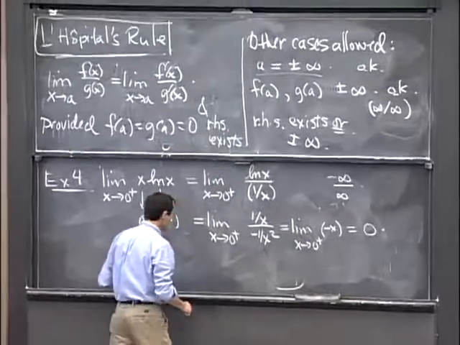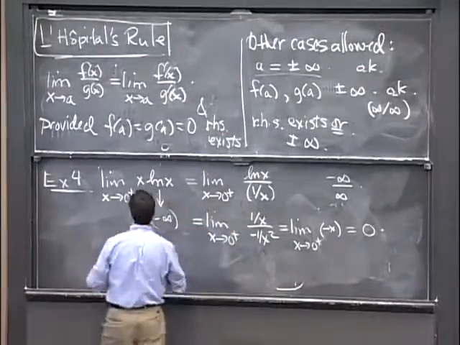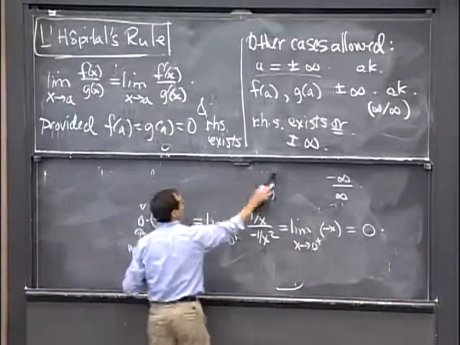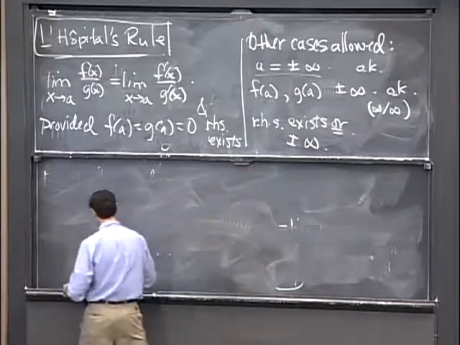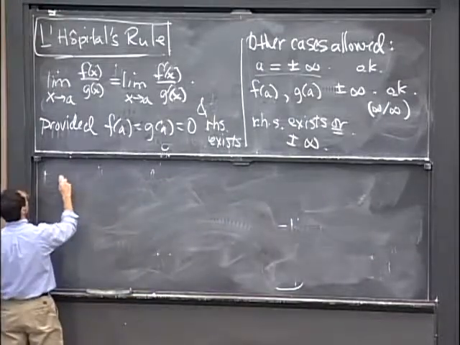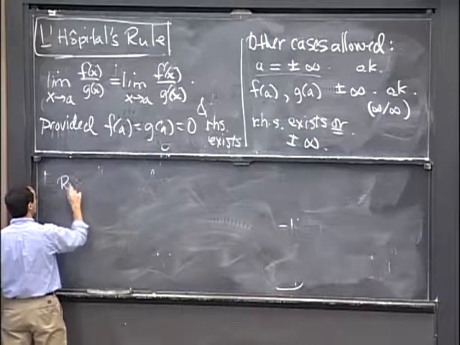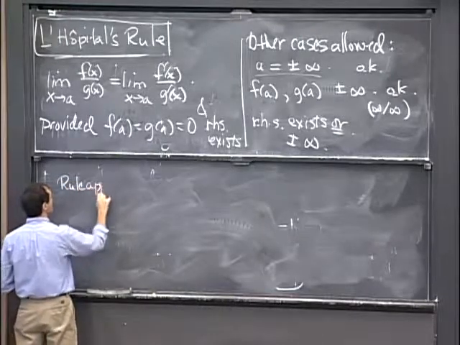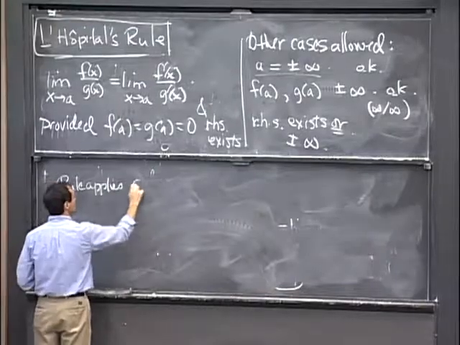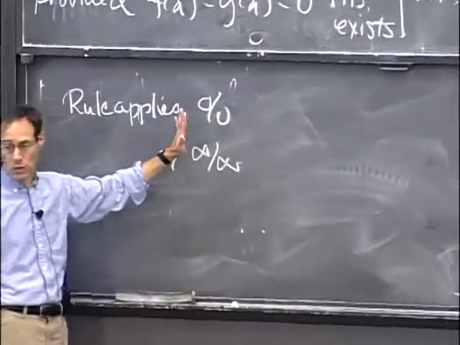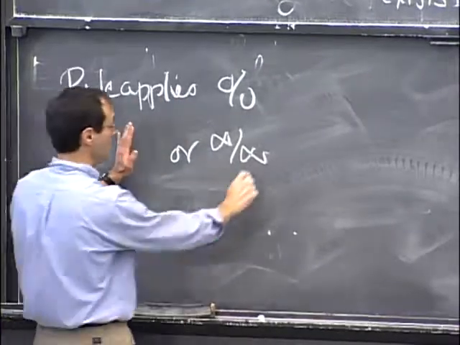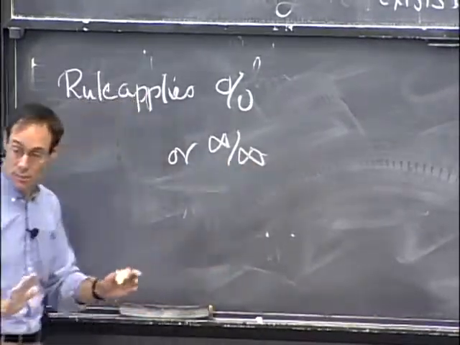So in other words, I have to be faced with either an infinity over infinity or a 0 over 0 situation. So let's see. L'Hôpital's rule applies in the 0 over 0 or infinity over infinity case. These are the only two cases that it applies in. Okay?